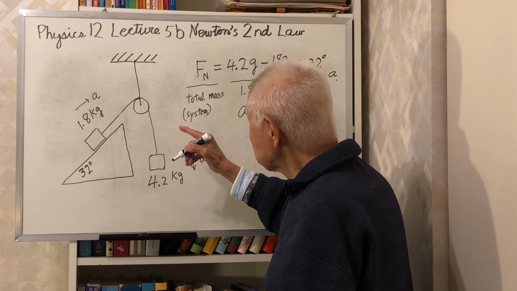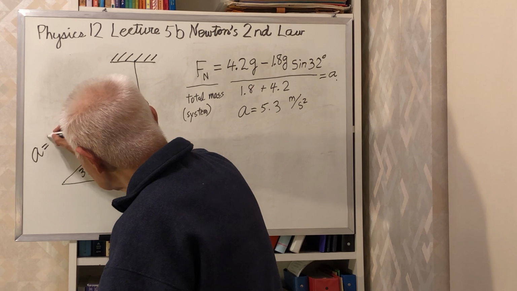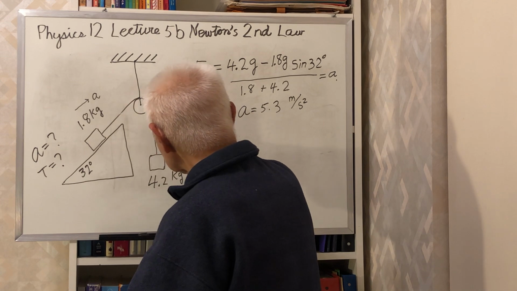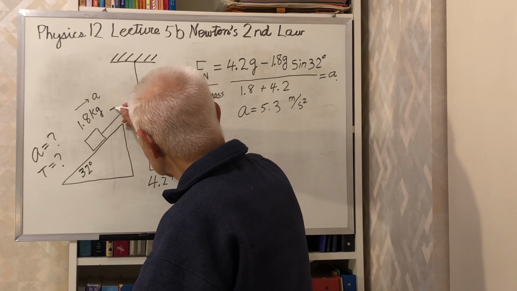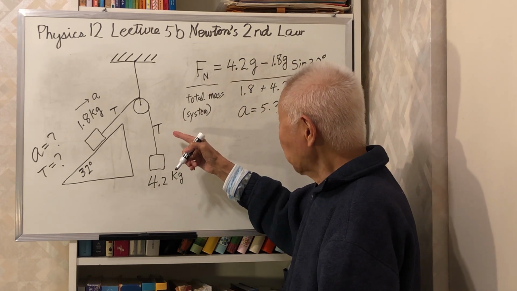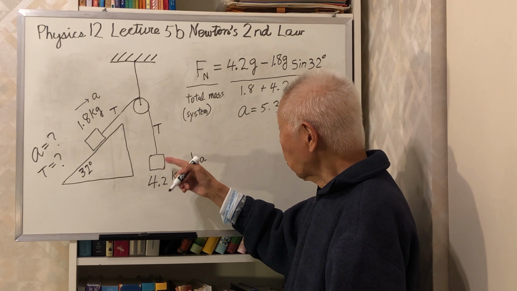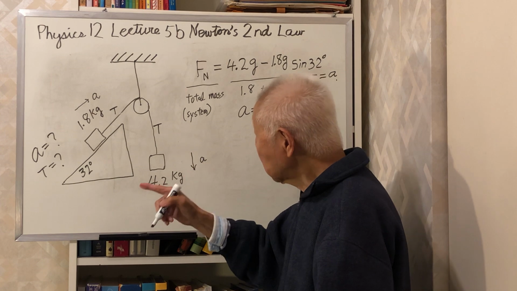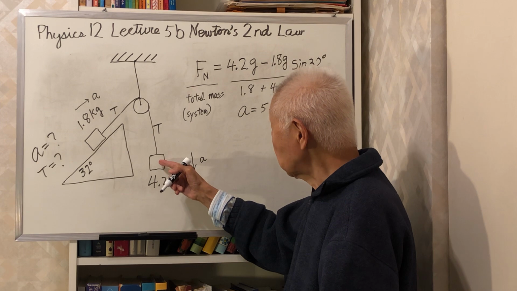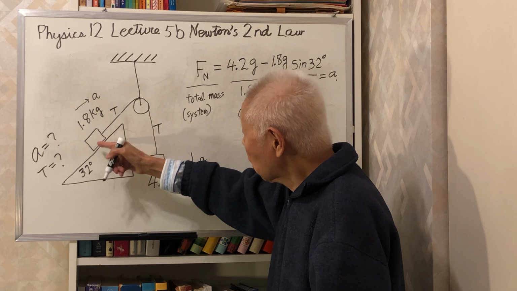And again, you want to find the tension. Okay, so let me write. This question is, what is the acceleration and what is the tension? So tension. To find the tension, because it's the internal force, you need to work on this block or work on this block. Which one is simpler? Of course this is simpler because there is only one force of gravity, but here you need components.